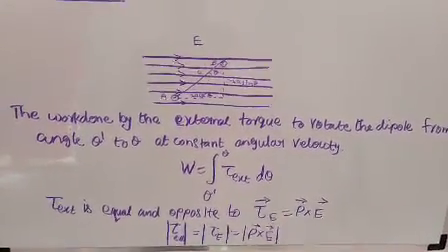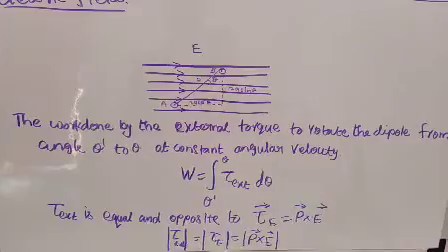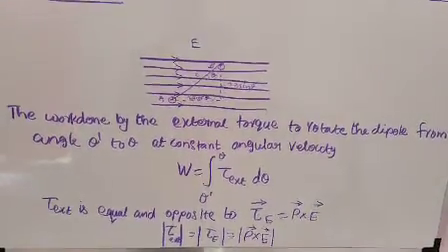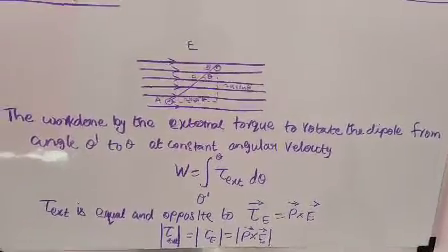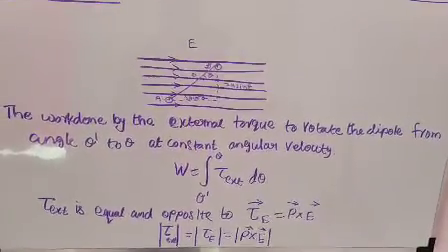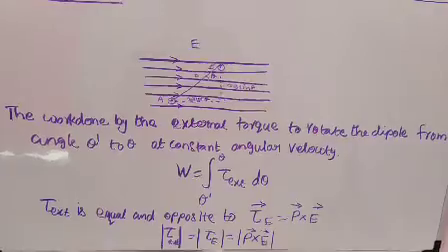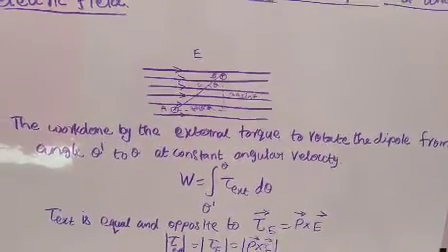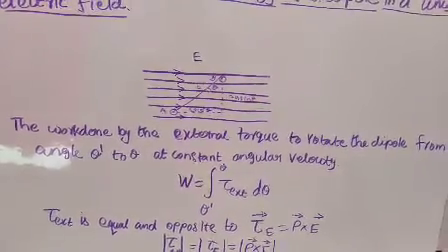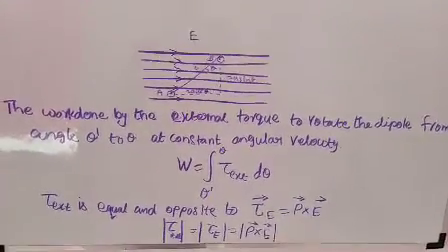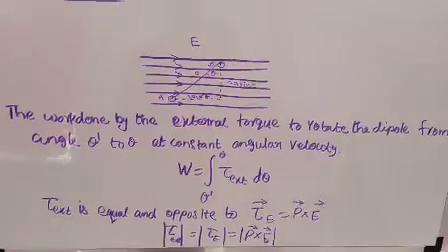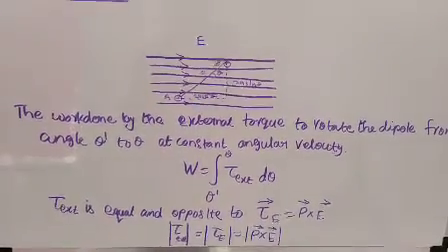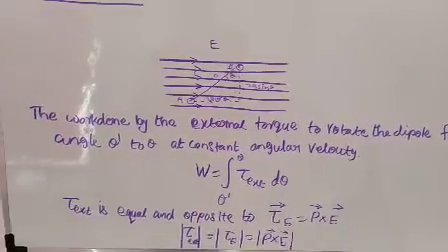The tau external is equal and opposite to tau E, which equals P cross E. Already I discussed torque: tau equals P E sin theta, and in vector form tau equals P cross E. So the modulus of tau external is equal to the modulus of tau E, equal to the modulus of P cross E.